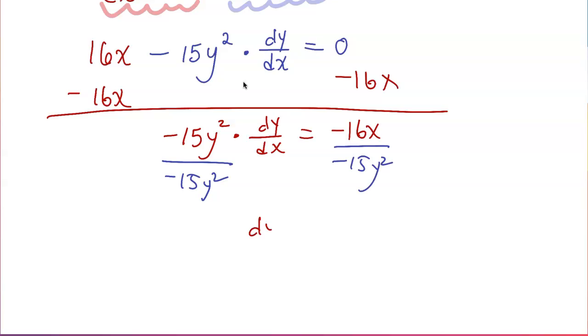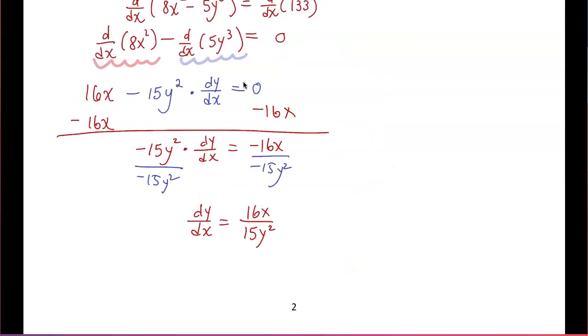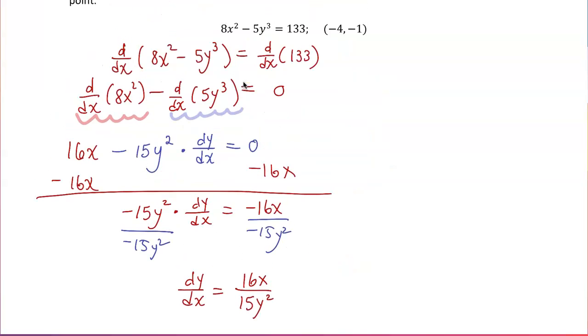If I do that, dy/dx comes out to be, they're both negative, let's make it positive, 16x over positive 15y squared. So you found it. So what is the slope going to be? We're going to plug in x equals negative 4 and y equals negative 1. So slope is going to be 16 times negative 4 over 15 times negative 1 squared.